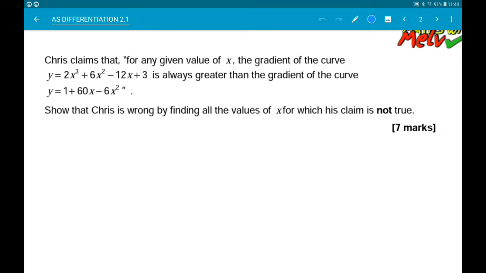Okay, so first up, to make the job easier, I'm going to define the two functions.